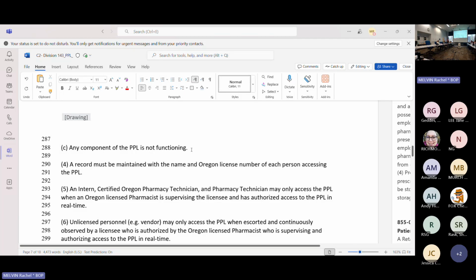What if a light goes out, or I don't know. I read somewhere where it said PPL must be secure to prevent access when, I don't know. I get 3 C's. Too broad for me.